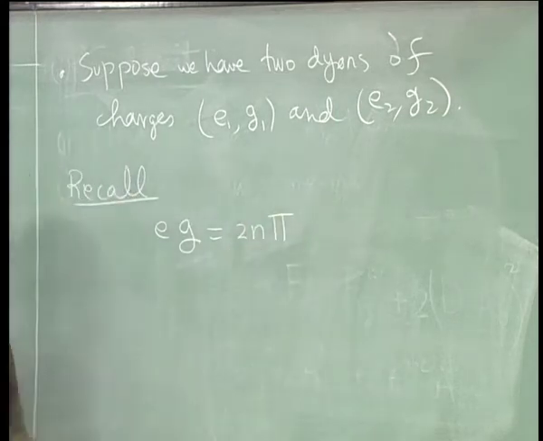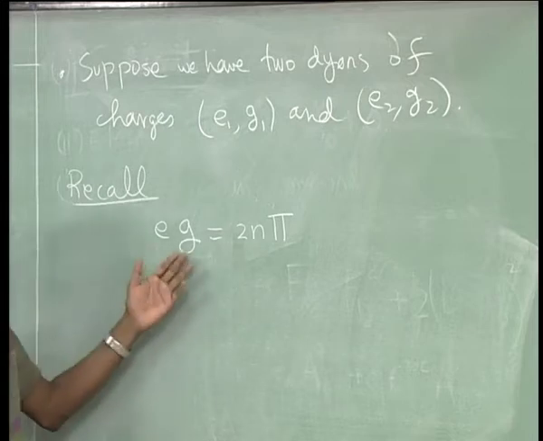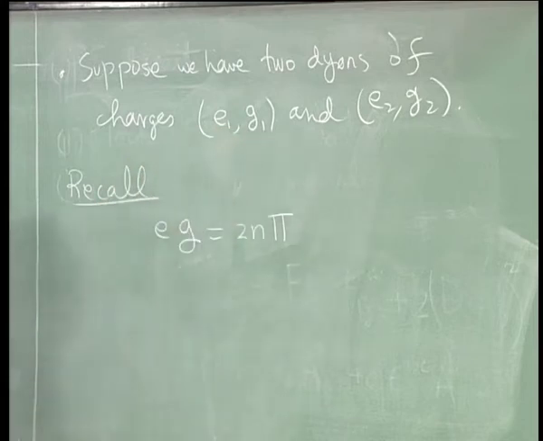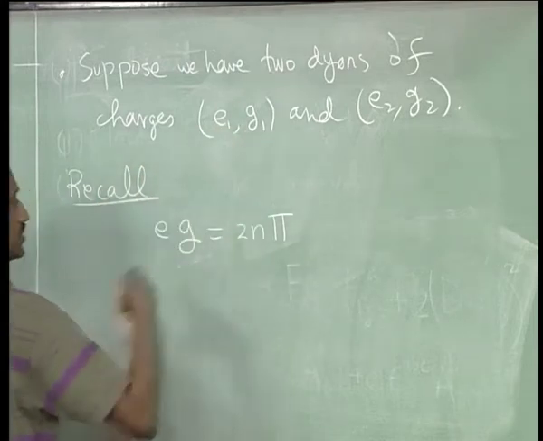It was quantized. So now we just need to find a replacement, which should reduce to this in this case. I will not prove what it should be.